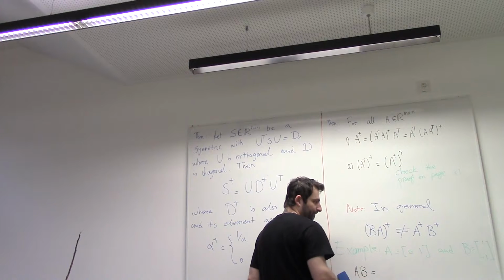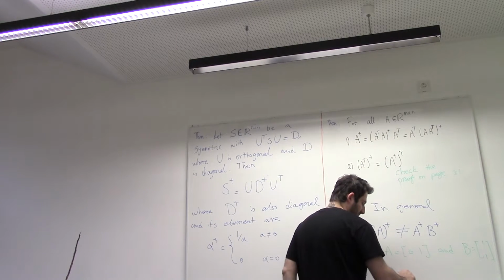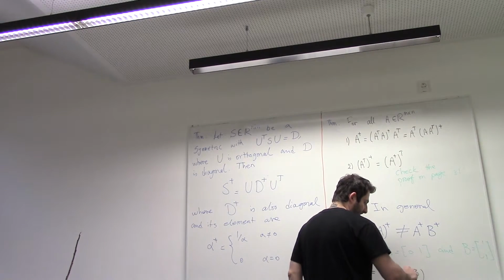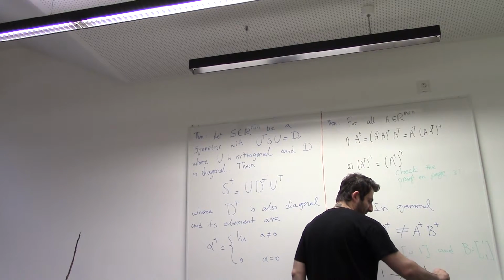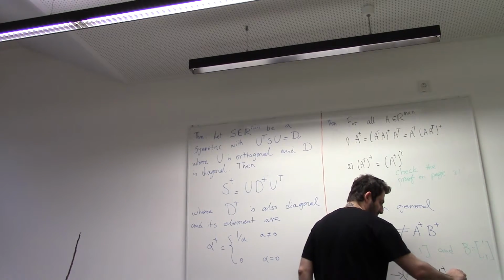AB is equal to 1, so (AB)⁺ is 1⁺, which is 1.